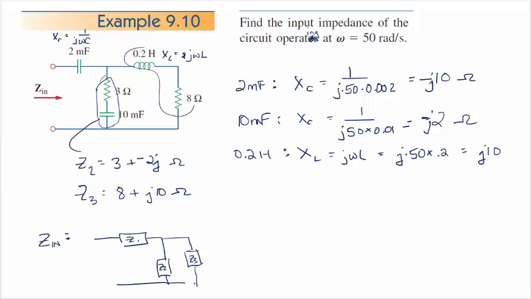And I have values for all of those. These two are in parallel with each other, which is in series with this one. So we know how to do all of that math. So Z in, or Z total, equals Z1 plus these two in parallel with each other, which would be Z2 Z3 over Z2 plus Z3.